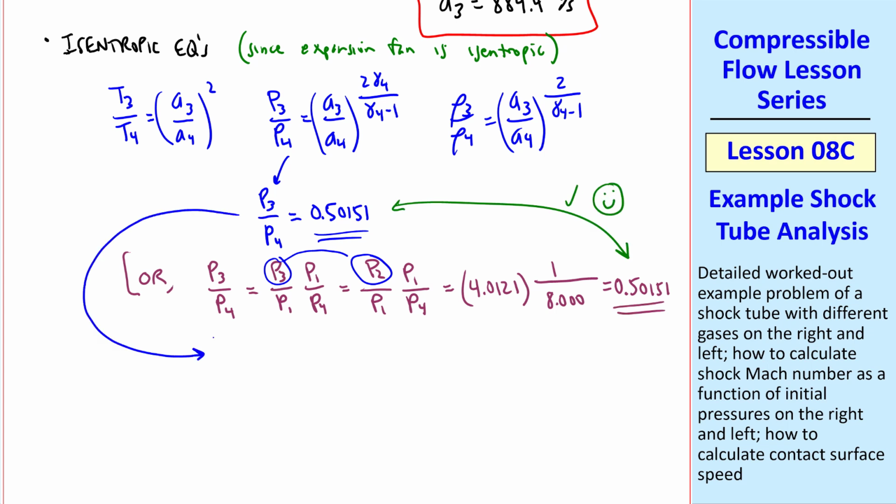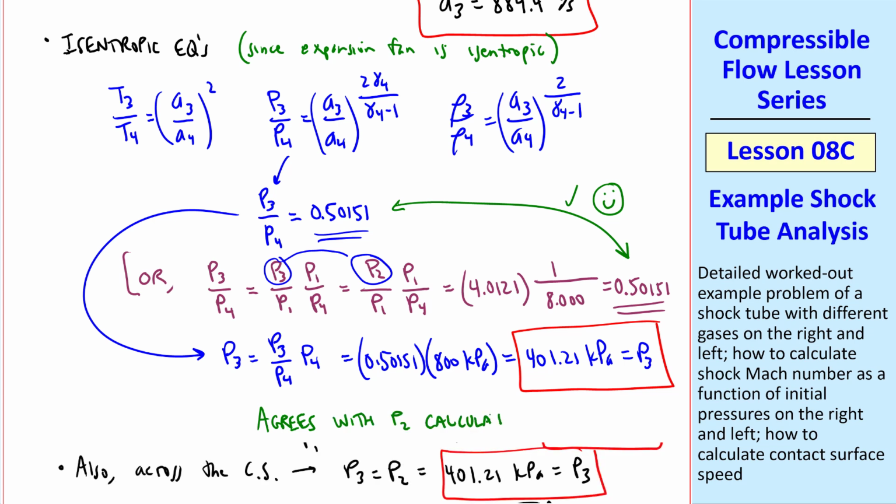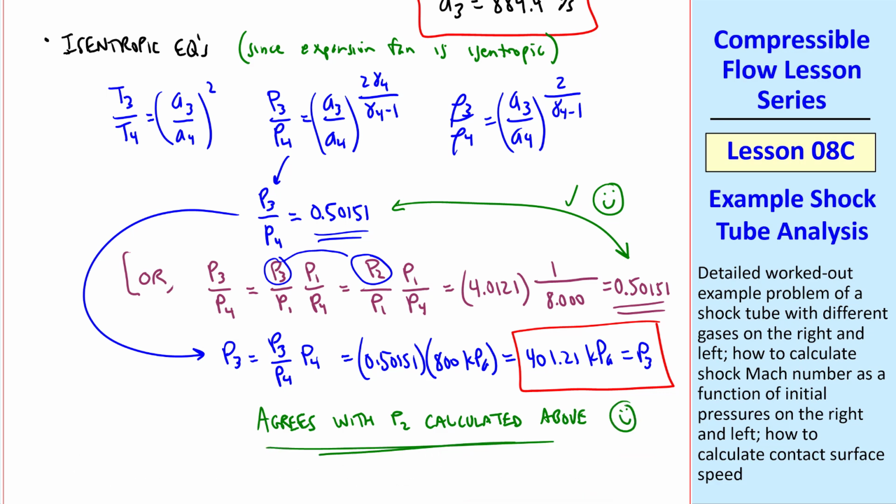Either way, with this ratio, P3 is P3 over P4 times P4, and we get 401.21 kPa as our value for P3. And as a double check, this agrees with P2 that we calculated above, again making me happy.